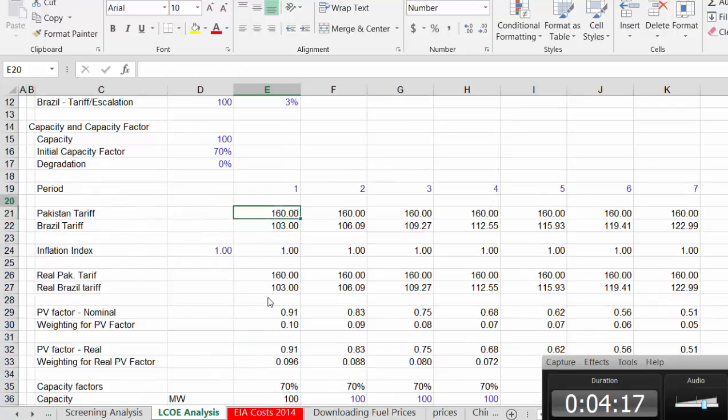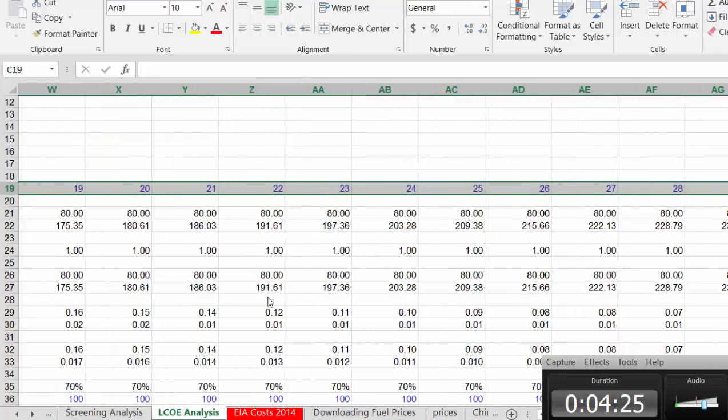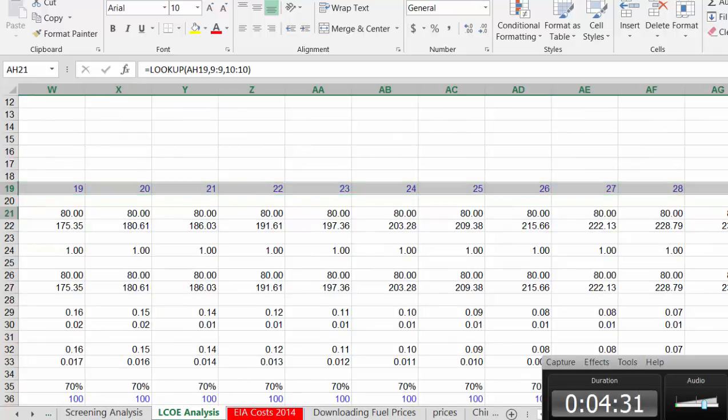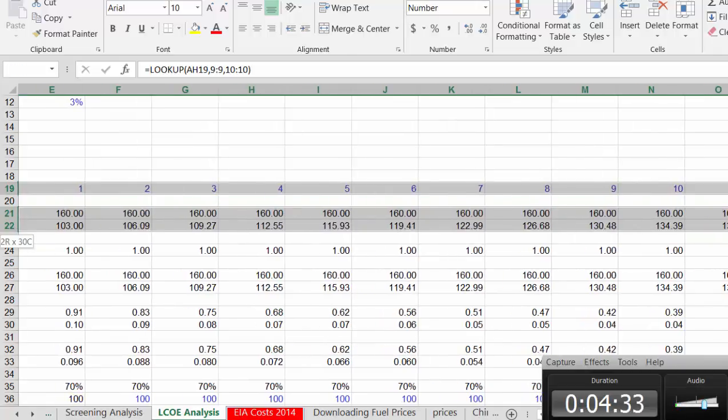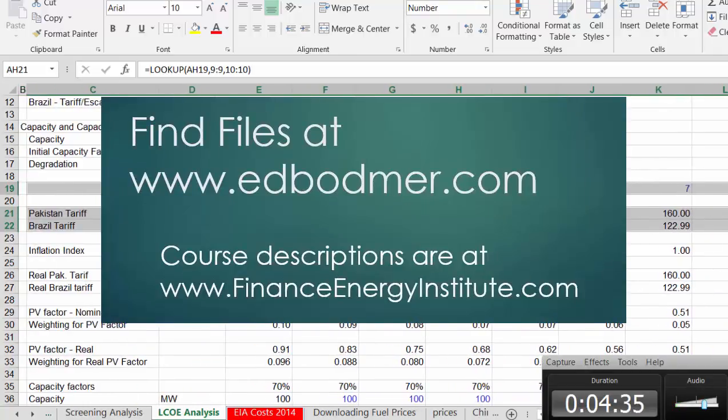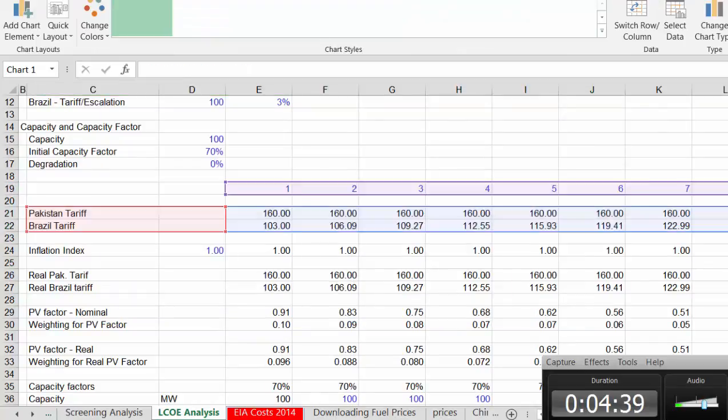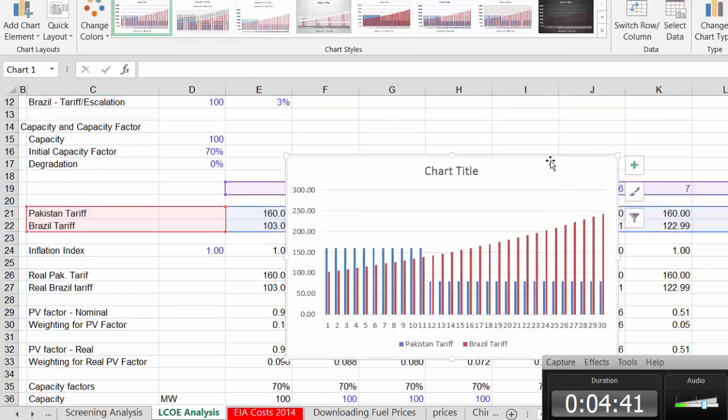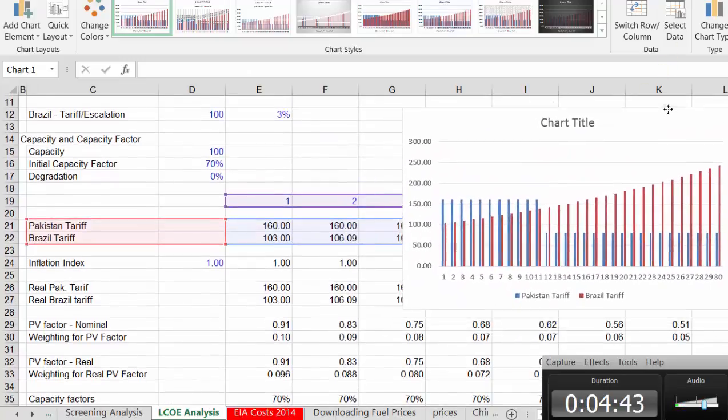So to make a graph, we press Shift Control right arrow, press Shift F8, and select these two, Shift Control left arrow, Alt F1, and that's the tariff we're starting with.